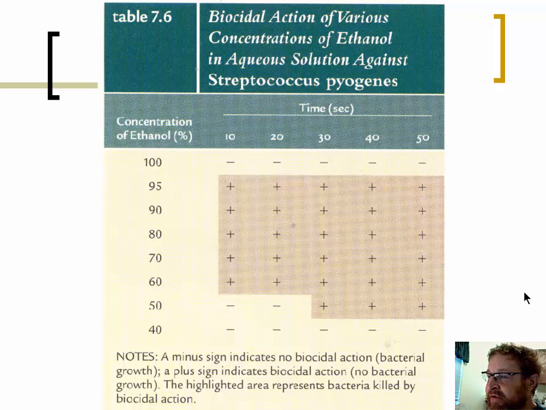Streptococcus pyogenes is the causative agent of strep throat. And so what you can see is that as you increase up to 95%, you're getting more and more killing. If you're looking at the plus marks as being the killing, at 95%, in 10 seconds, you're going to get some killing of the Streptococcus.